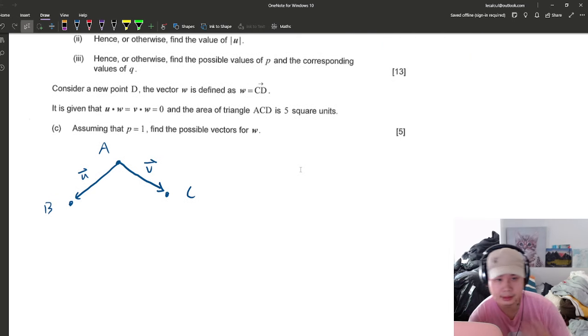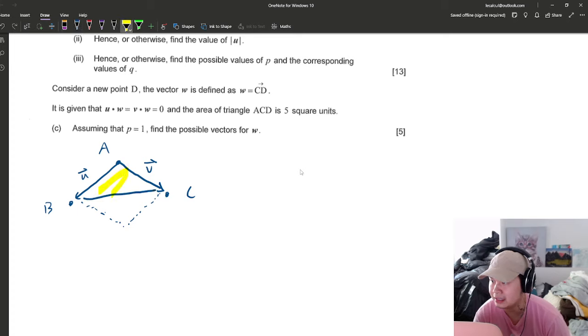The magnitude of their cross product is the area of the parallelogram that gets made when you draw the vectors connecting their tails together. And this is triangle ABC, by the way.